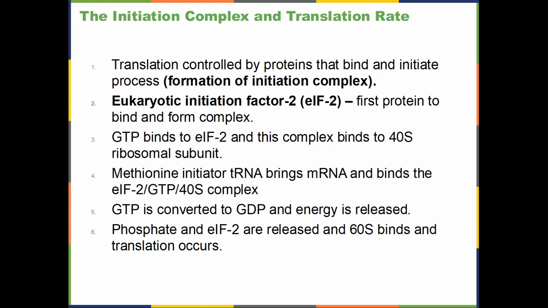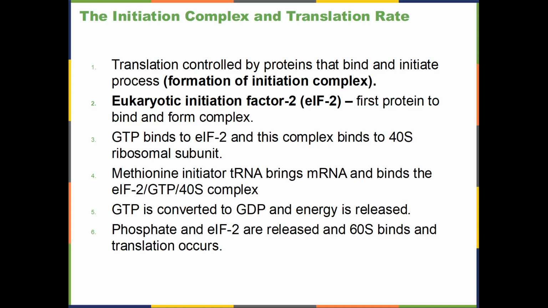Now, remember, we have tRNA that brings the amino acids to these complexes that begin the whole process, or actually it's what feeds the amino acids to build up the proteins, all right? So the methionine initiator tRNA, the tRNA that's holding methionine, brings mRNA and binds to this complex.